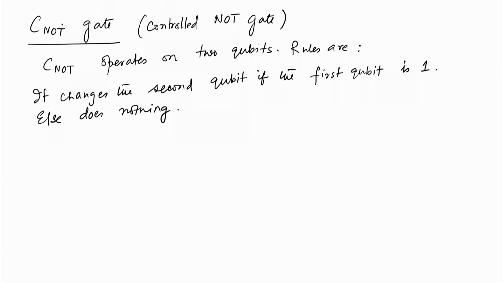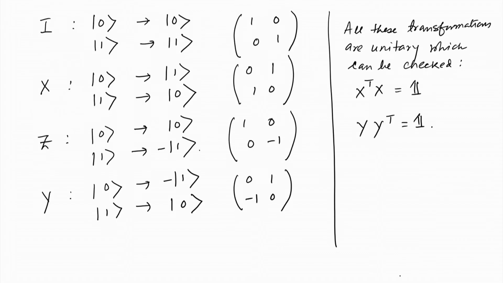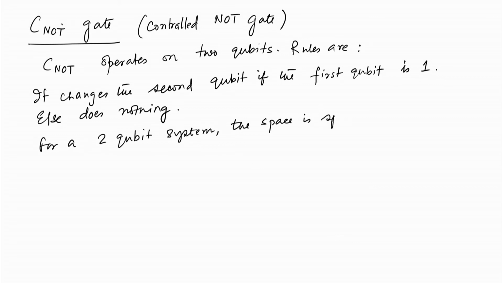So, for a 2 bit, the space is 0 0, 0 1, 1 0 and a 1 1. So, this forms the basis of that.